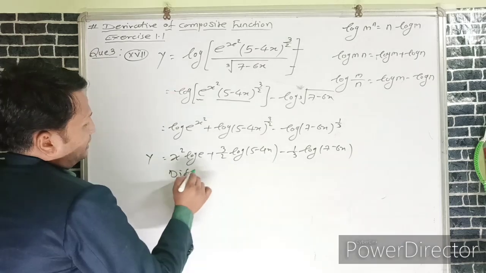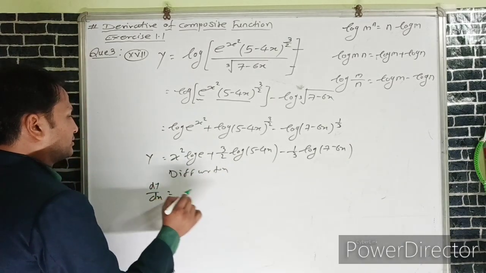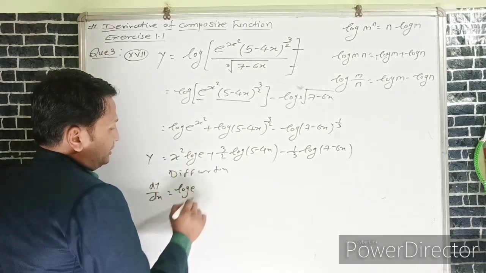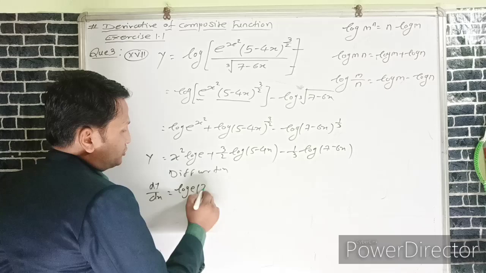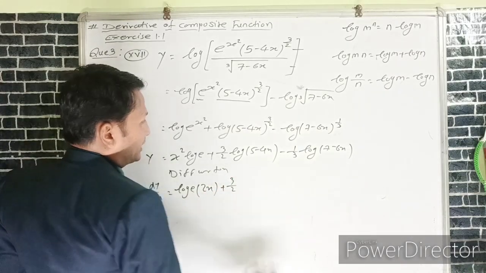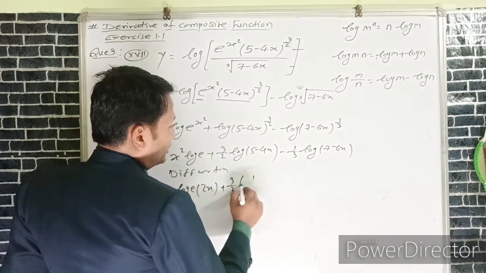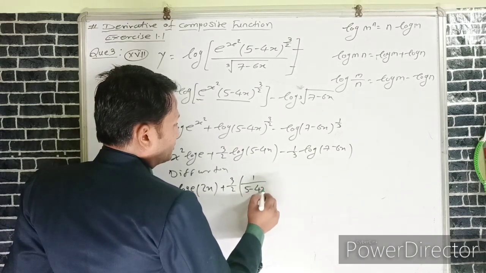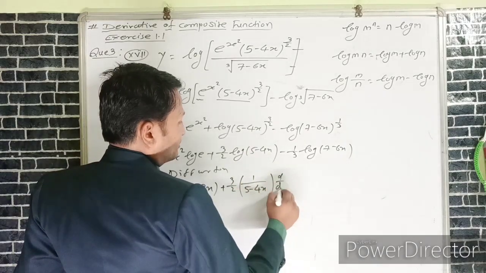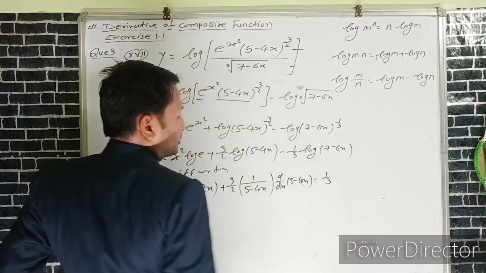If we differentiate the given function with respect to x, then we get dy by dx. Log e is a constant function and we take the derivative of x square, which is 2x, plus 3 by 2 is again a constant function, and we take the derivative of log of 5 minus 4x, which is 1 upon 5 minus 4x into again the derivative of 5 minus 4x. 1 minus 3 is a constant function.